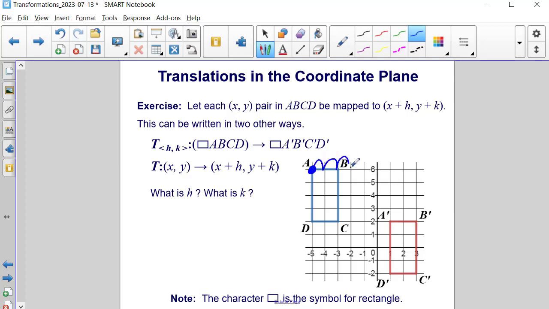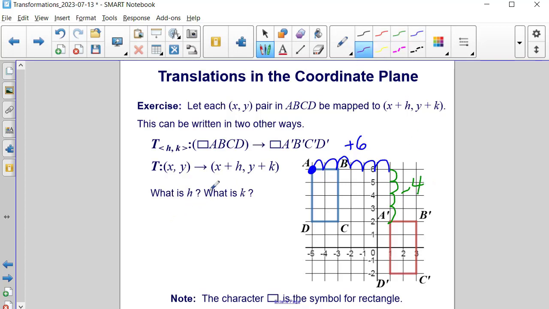1, 2, 3, 4, 5, 6 units. And those 6 units are in the positive direction. Now let's travel vertically. We have to go 1, 2, 3, 4 in the downward direction. So that's going to be -4.